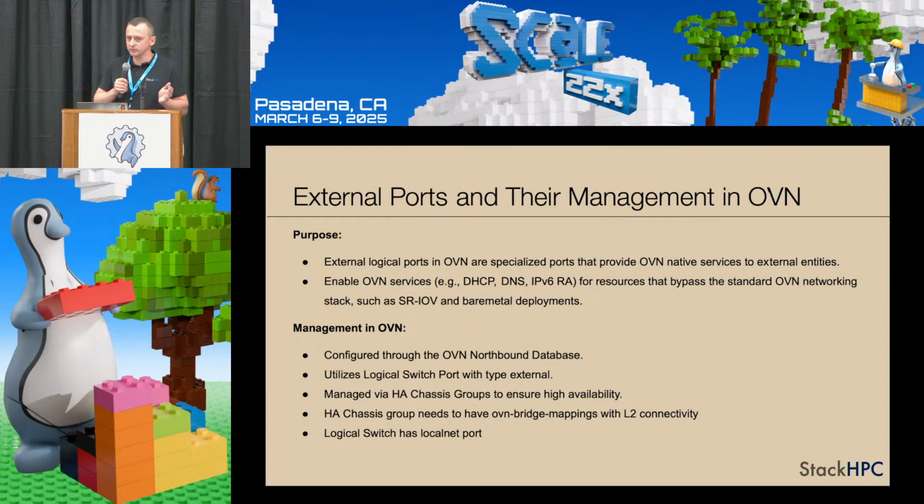That's a network node, that is. And this will be important in the issues part of this presentation, or rather challenges, I would say. The HA chassis group is important. It needs to be connecting outside, of course, so L2 connectivity is needed, and in the OVN configuration it is a localnet port, which basically means a VLAN.